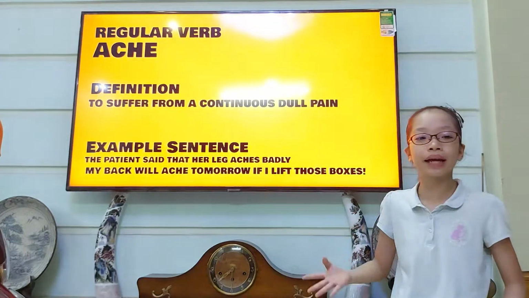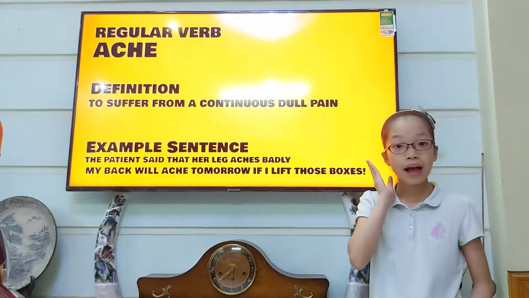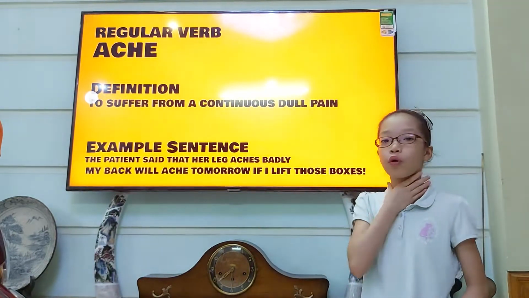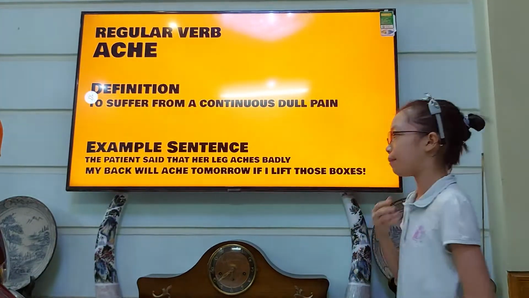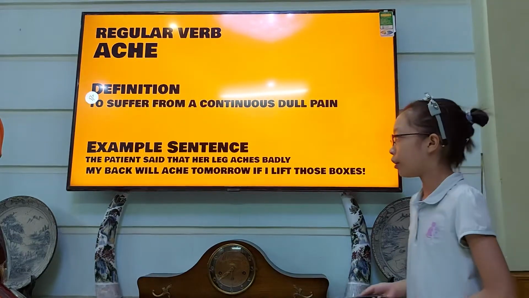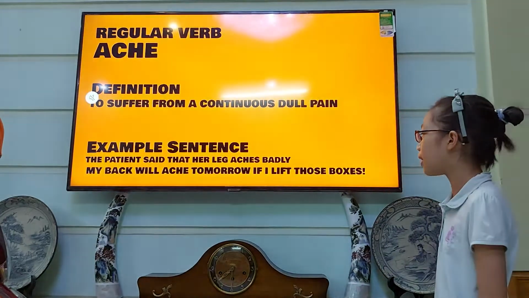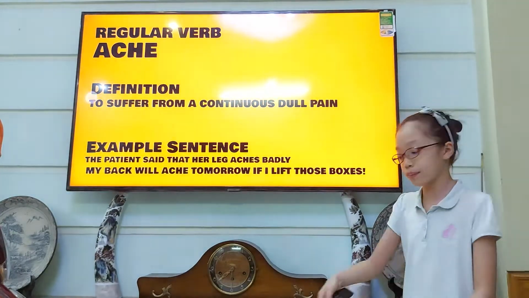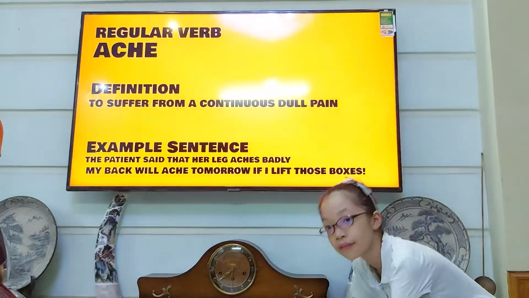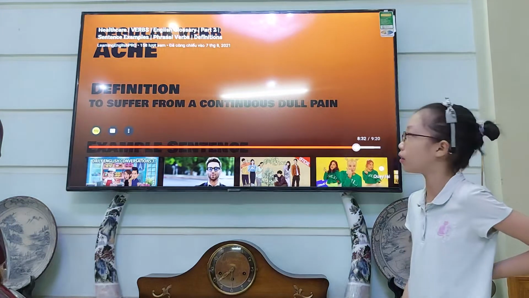Stomachache is when your stomach hurts, earache is when your ear hurts, and sore throat is when your throat hurts. For example, the patient said that her leg aches badly. My back will ache tomorrow if I lift those boxes. That means those boxes are really heavy, and if I lift those, then my back will hurt tomorrow. So I better not lift those.